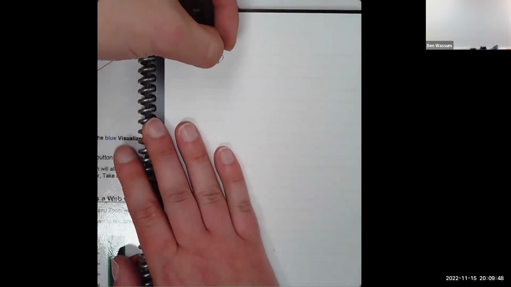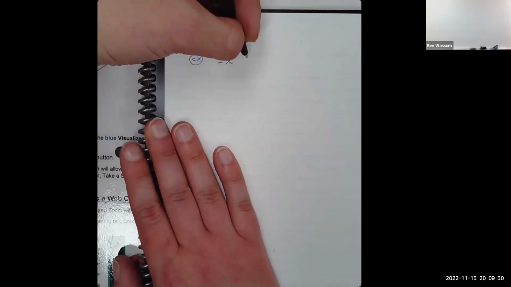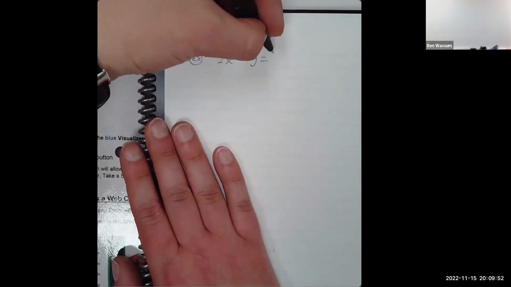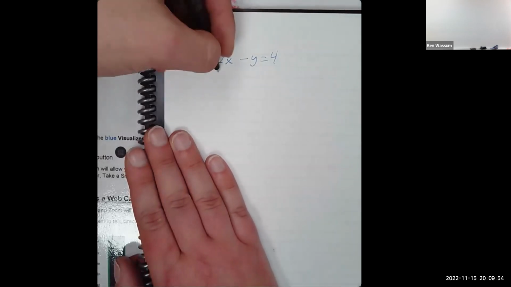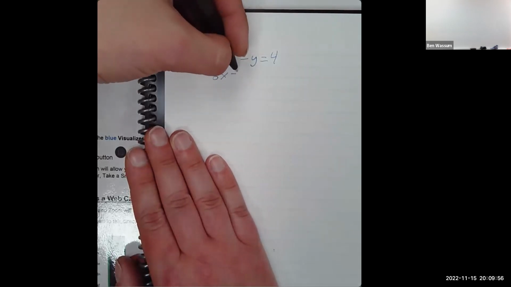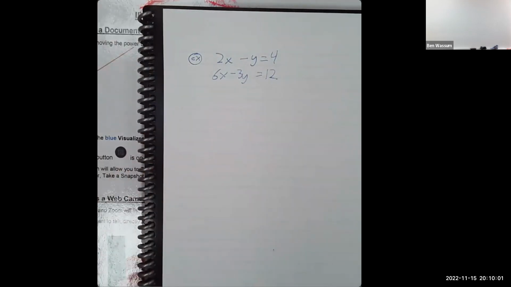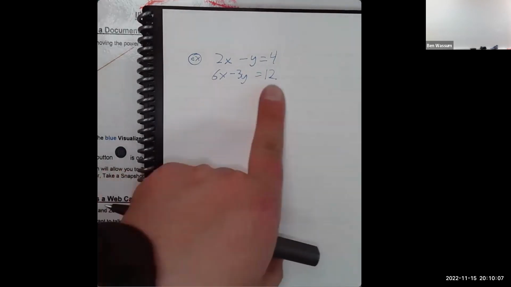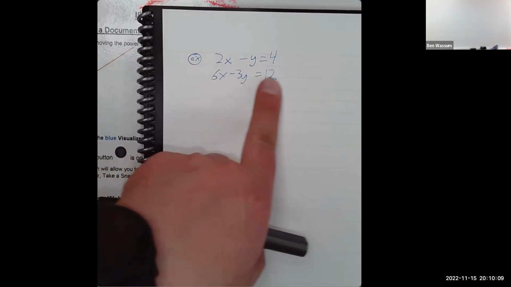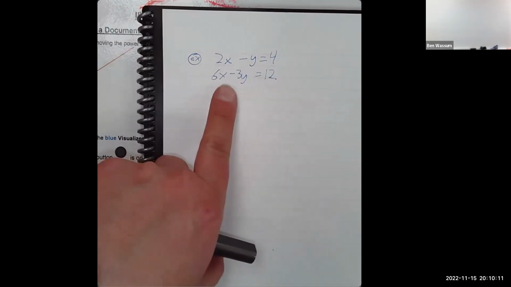Let's see this number 3. 2x minus y is equal to 4, and 6x minus 3y is equal to 12. One thing I could notice is that all of this has a common term of 3.